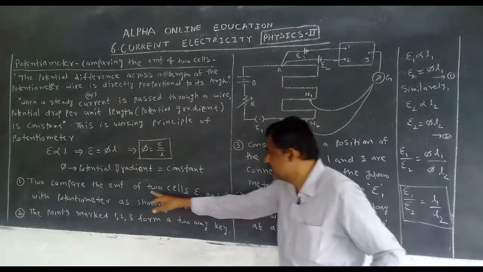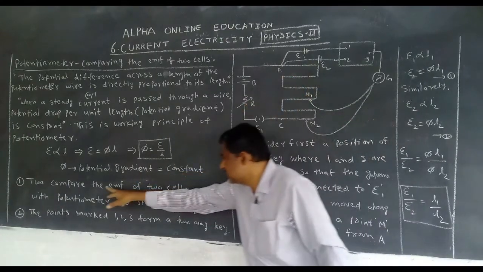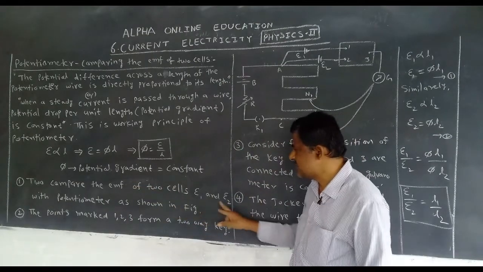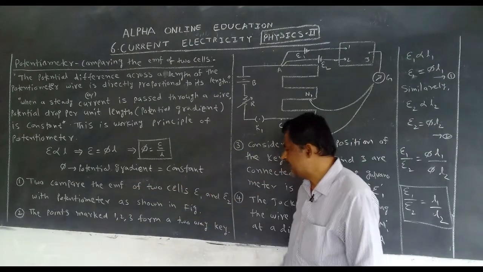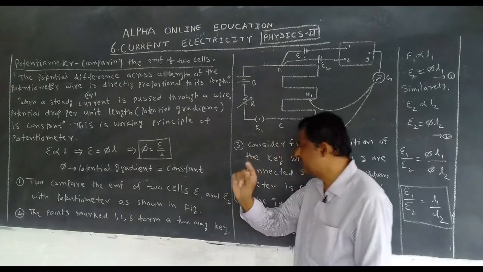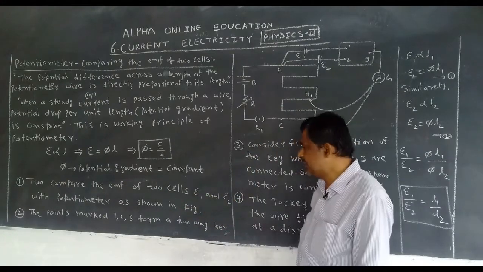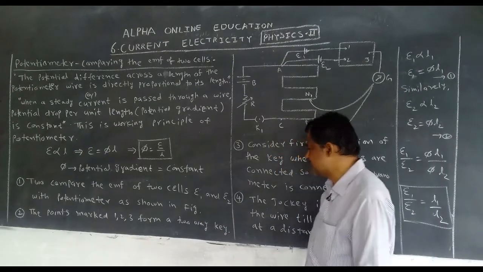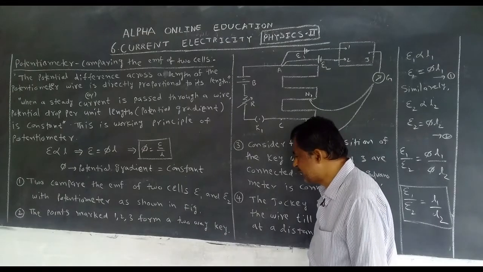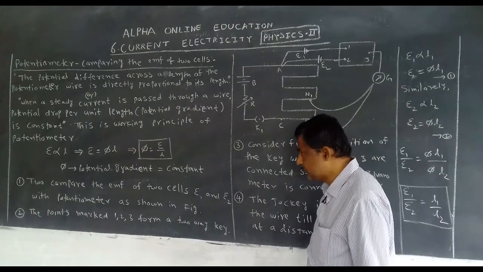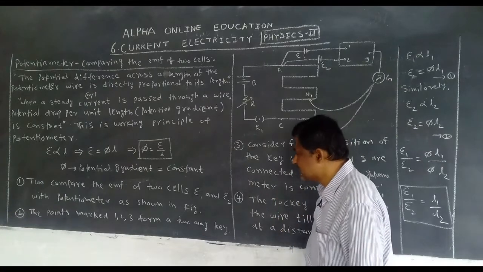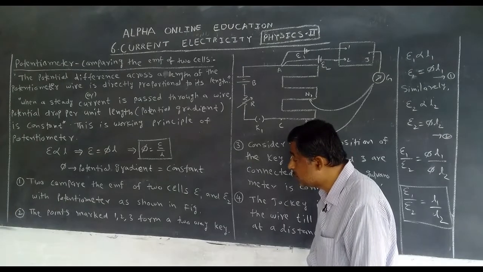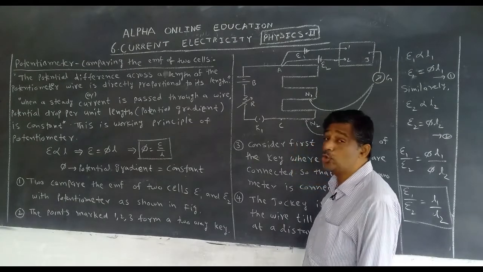Now let us see how we can compare. To compare the EMF of two cells E1 and E2 with the potentiometer, we want to connect as shown in the figure. The points marked 1, 2, 3 form a two-way key.